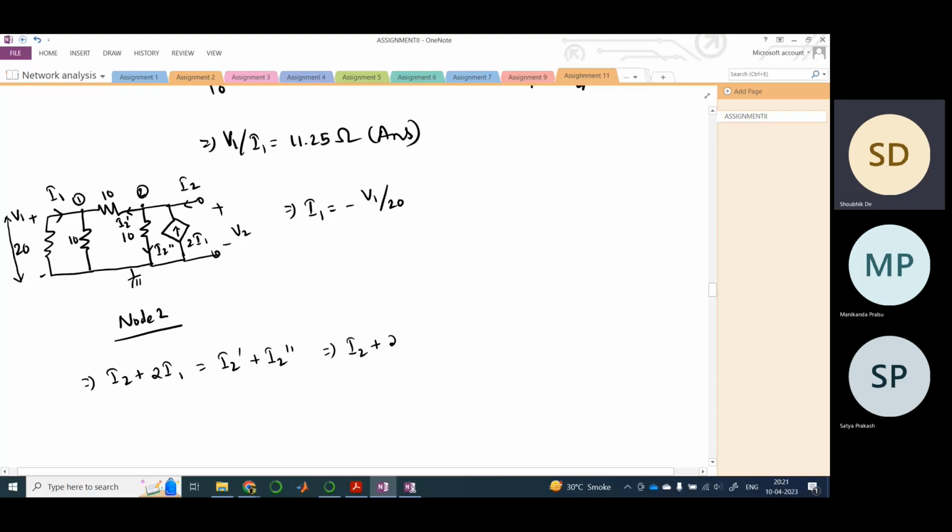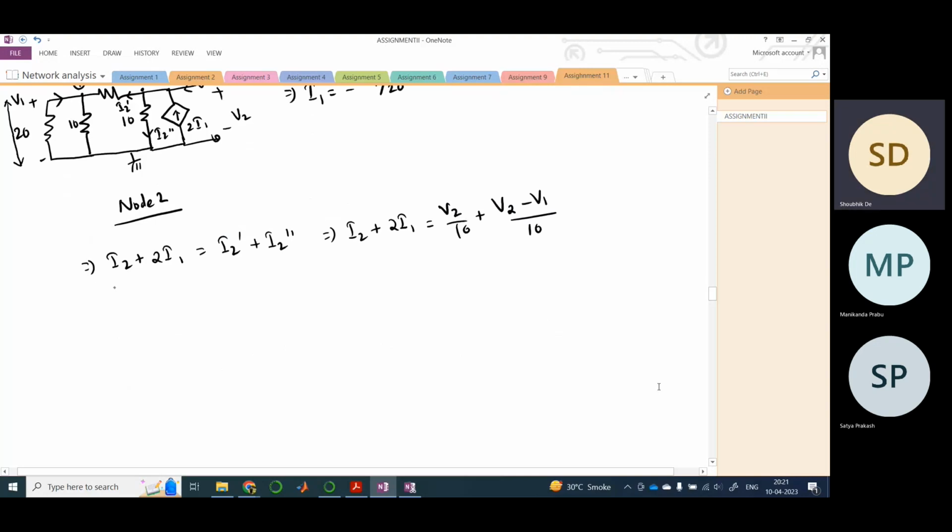So I2 plus 2I1 is equal to V2 by 10 and then again V2 minus V1 by 10, right? Because there is a voltage source connected here, so we need to look from right to left. So this is 2V2 minus V1 by 10, and let us directly substitute this here.